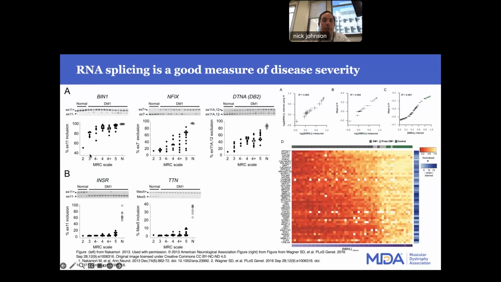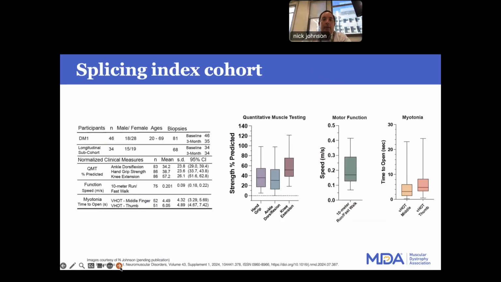But as I alluded to, some different splicing events like BIN1 are a little bit more sensitive or variable associated with the degree of strength and missplicing. Other events like insulin receptor, for example, are not particularly sensitive. So you can see that they're normally spliced here, but that really they're quickly misspliced even in individuals with full strength.